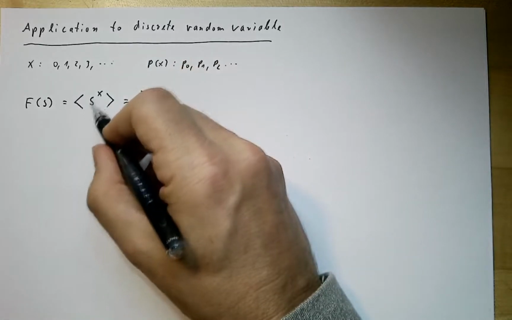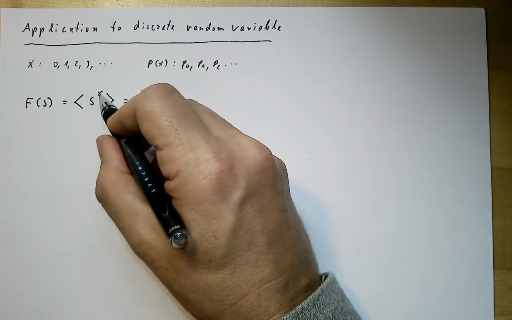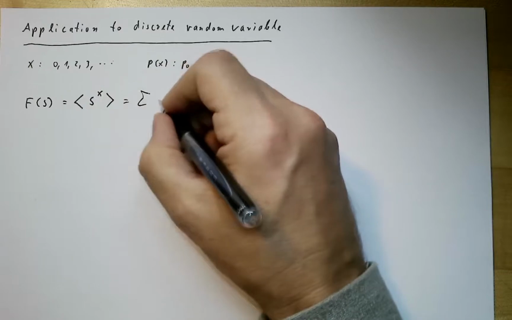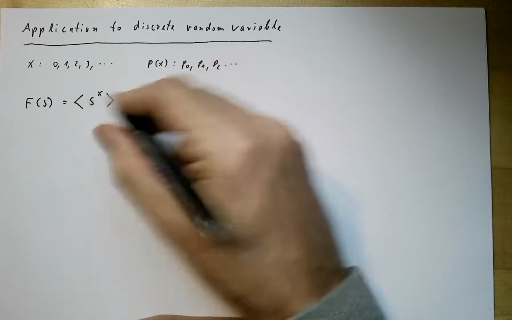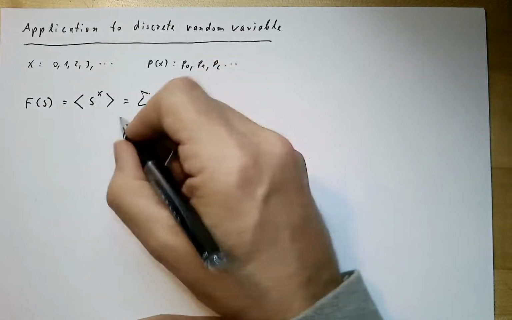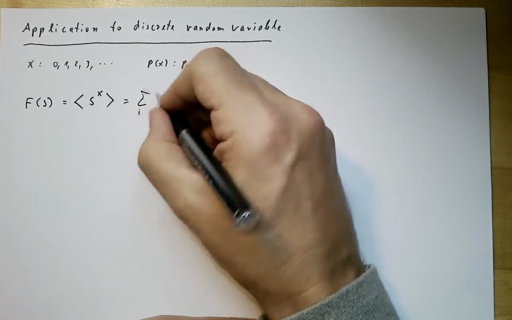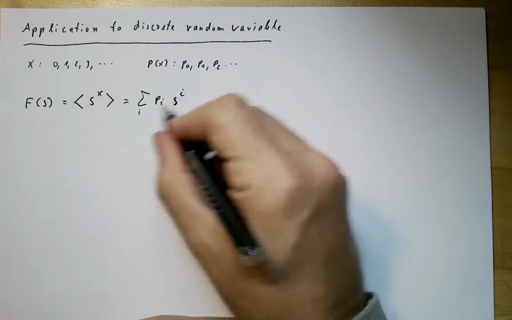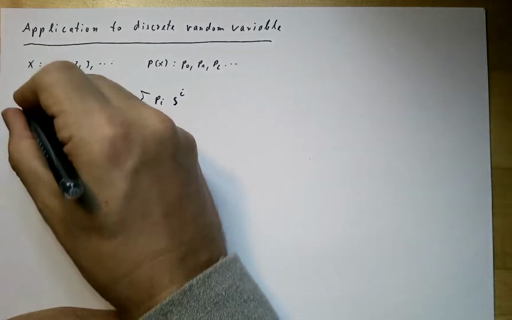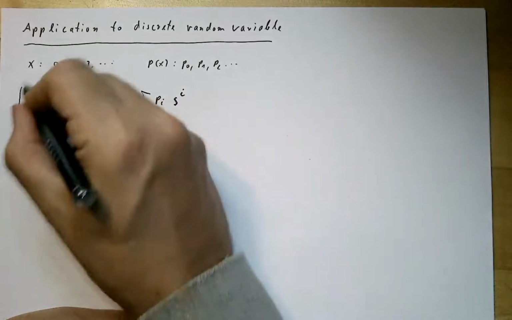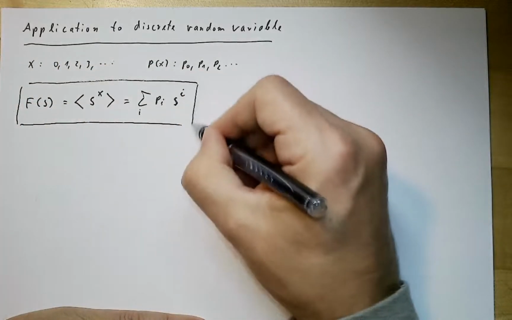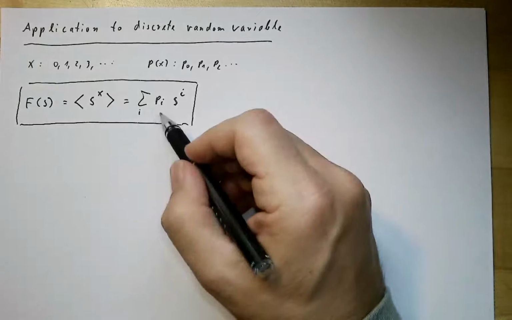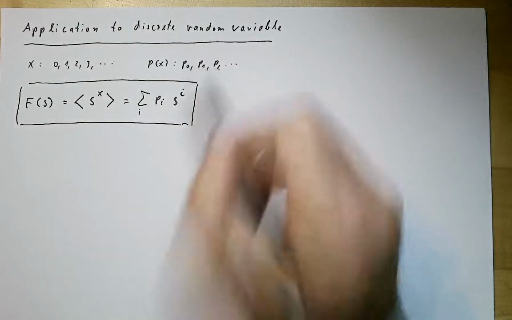The expectation value is something where every function of our random variable is associated to a value, and so we do this by taking our function s of x, we take it for all outcomes I, and weight this outcome by the probability of the random number I, so s to I times the probability of I. So what you see is that the generating function of the whole discrete distribution is just the generating function of the sequence of these probabilities.